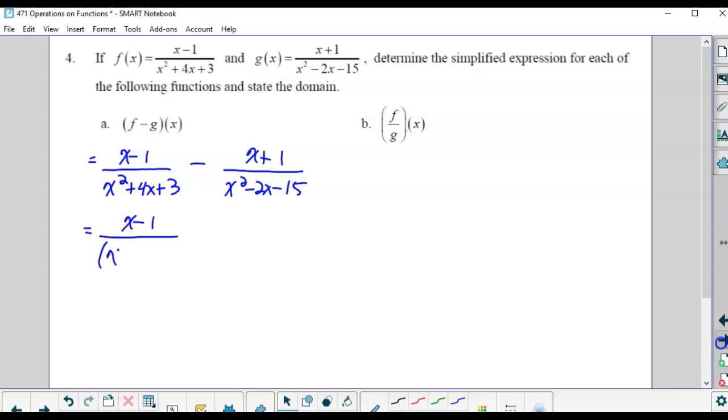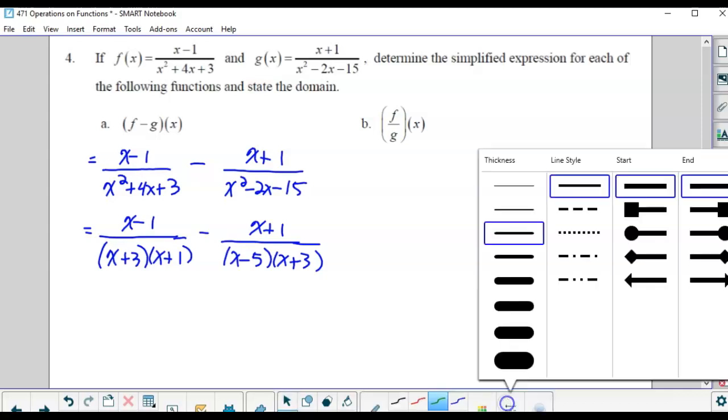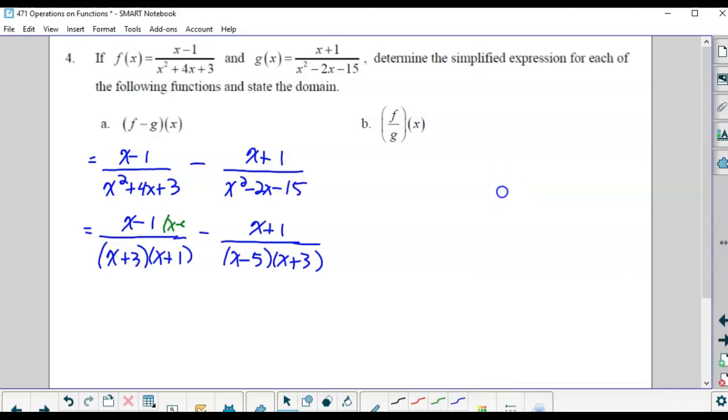So factor that. Okay, we need a common denominator. And so multiply top and bottom here by x minus 5, and here by x plus 1.